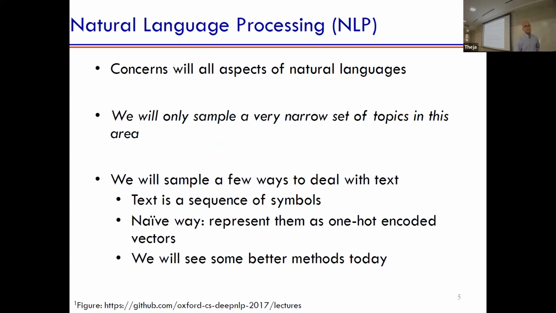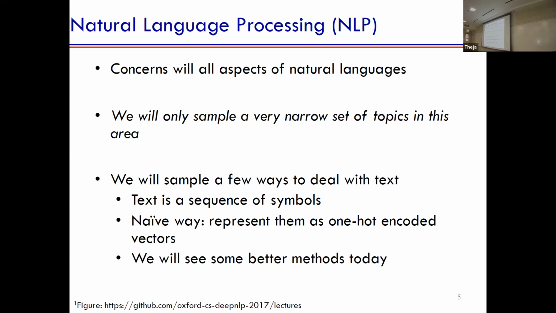Natural language concerns all aspects of natural human languages, and we'll obviously sample a very small, narrow set of topics in this area. So for us, basically, how do you deal with text?